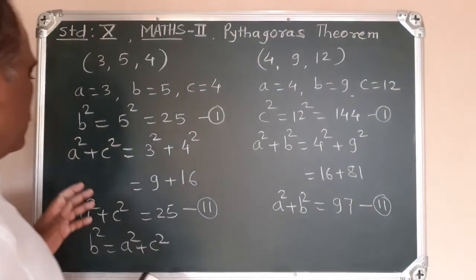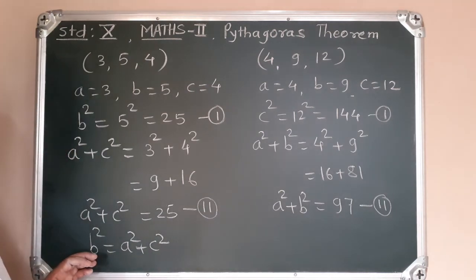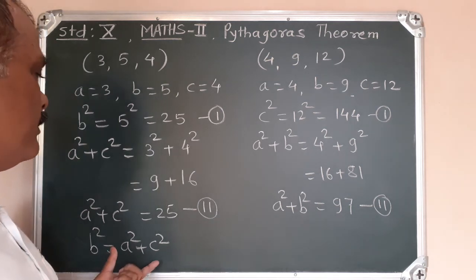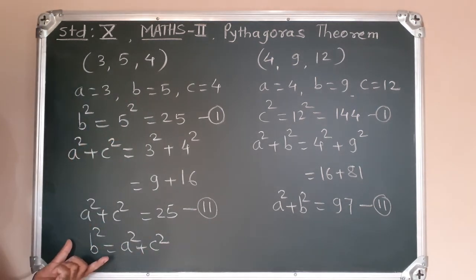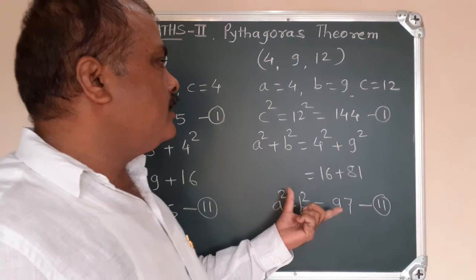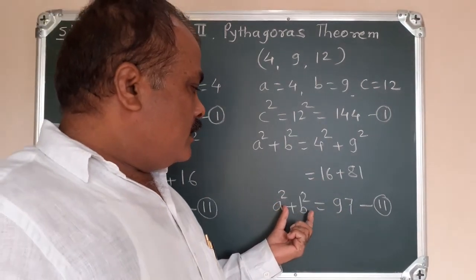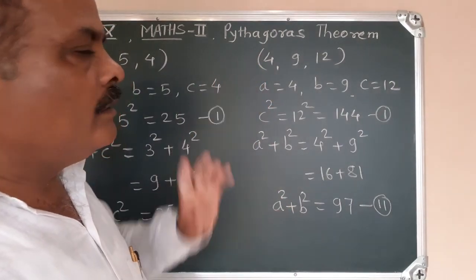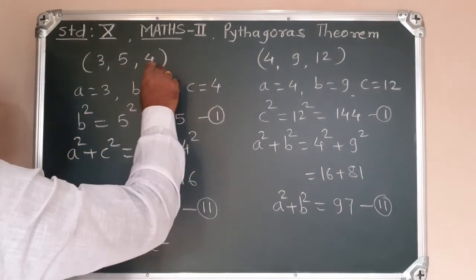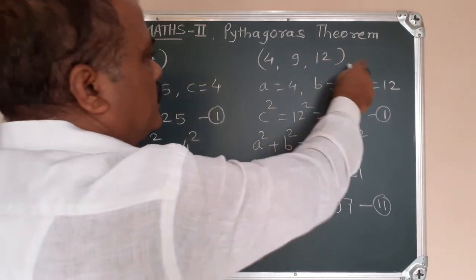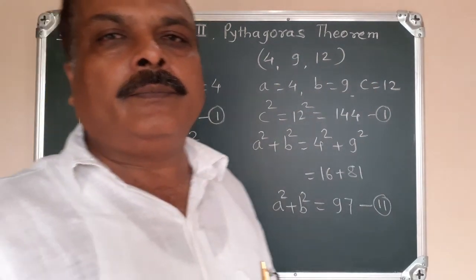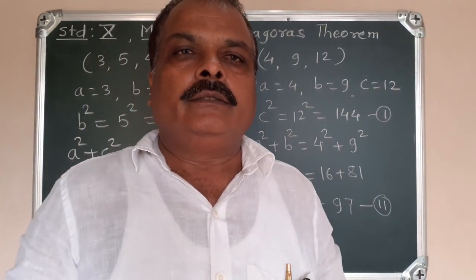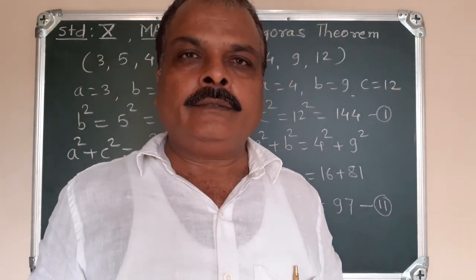If the square of one number is equal to the sum of squares of the remaining 2 numbers, then this is a Pythagorean triplet. And if the square is not equal to the sum of squares of the 2 numbers, then that is not a Pythagorean triplet. So this is a Pythagorean triplet and this is not a Pythagorean triplet. Remember this. Okay, thank you.